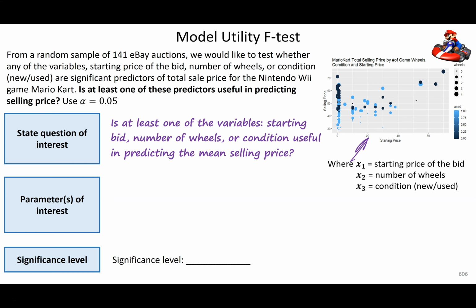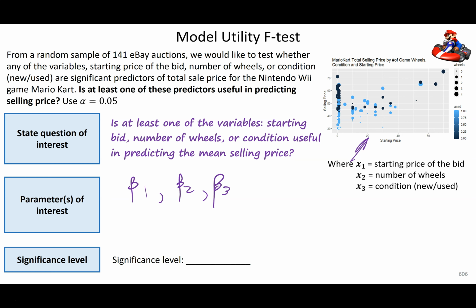So my parameters of interest are beta 1, beta 2, beta 3. Remember that beta 0 is the y-intercept. We don't test that one. We only want to have a beta for each of these here.